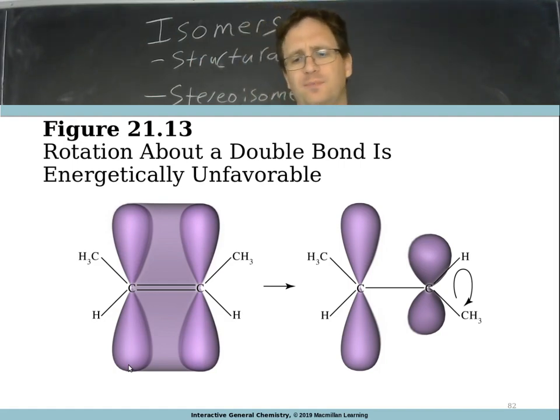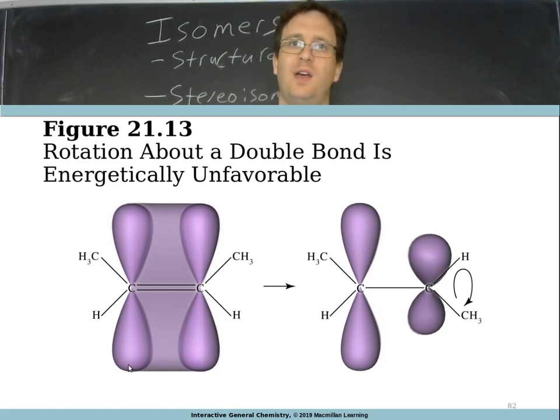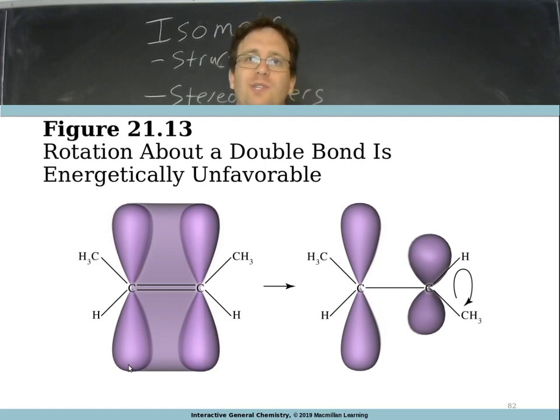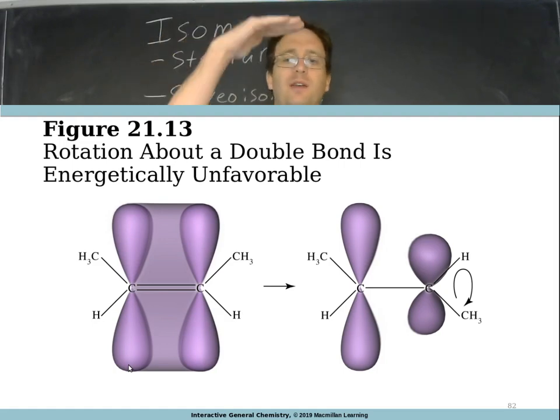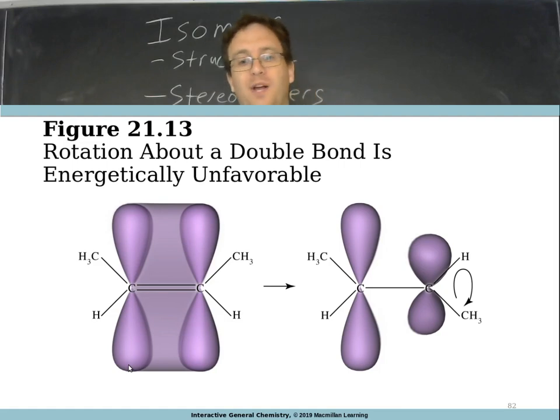And if we remember back to 1210, that double bond is composed of two parts. There's a sigma bond that is formed by overlap of hybrid orbitals, pointed directly along the bond axis. And then there is a pi bond, which is formed by unhybridized p orbitals. They overlap above and below the bond axis, and that's what we're looking at right here. Those purple unhybridized p orbitals overlap, and they form the second half of that double bond.